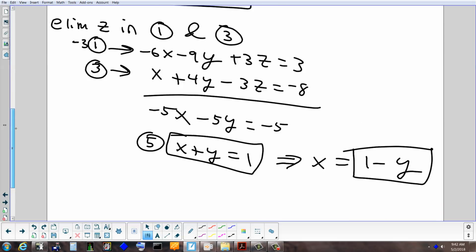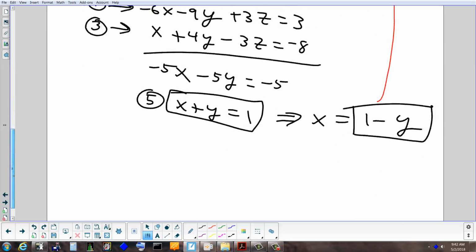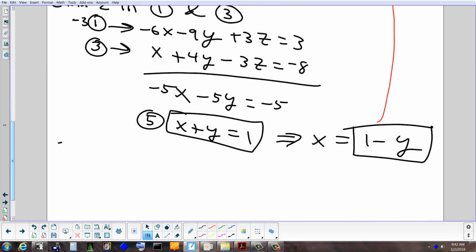All right, so I'm going to go back up, and I'm going to plug that in to equation 4 for x. So we're kind of doing like a hybrid here. We're doing a little bit of substitution and a little bit of elimination. Again, there's lots of different ways to go about it. All right, so now I'll just write down what we're doing.